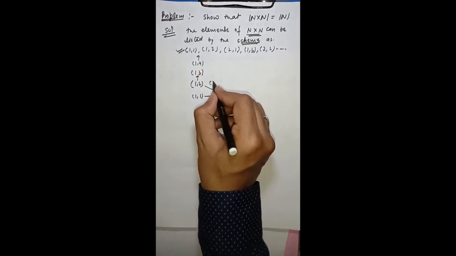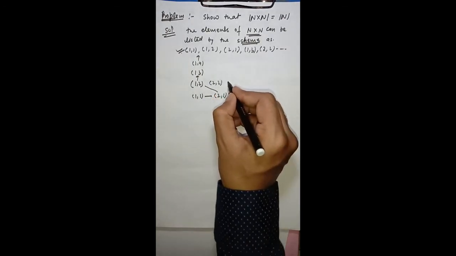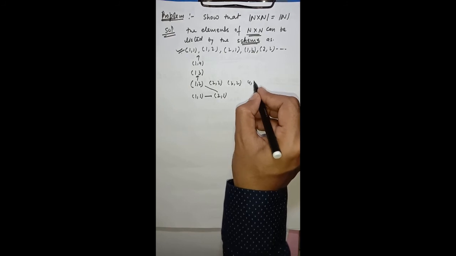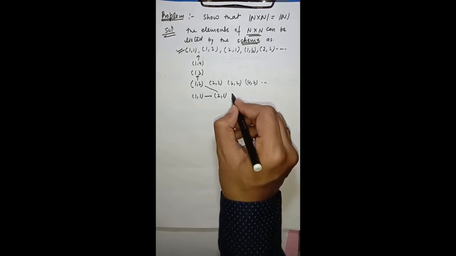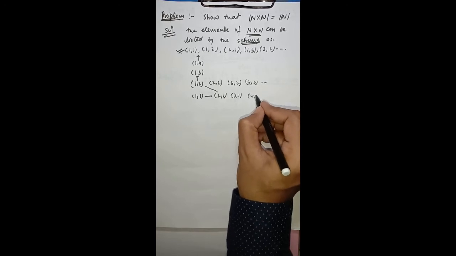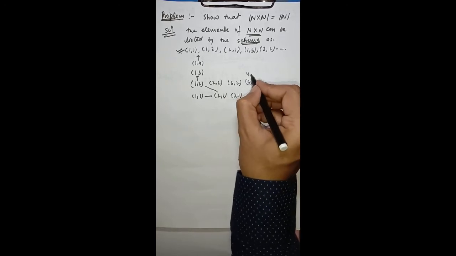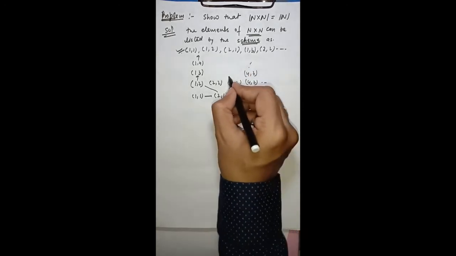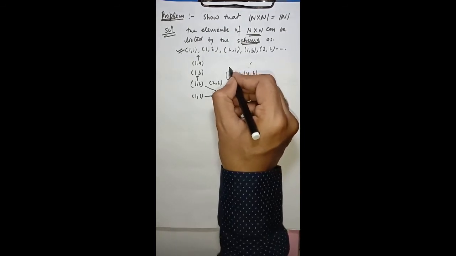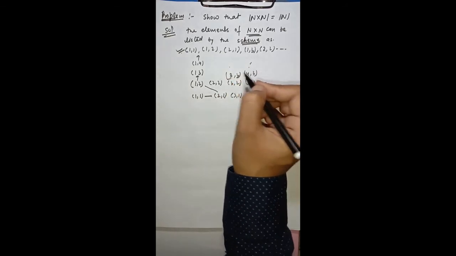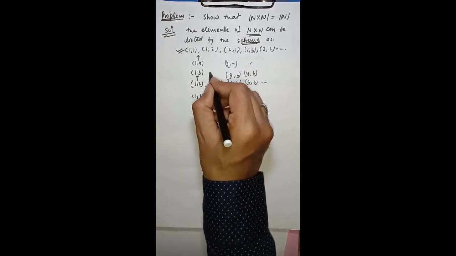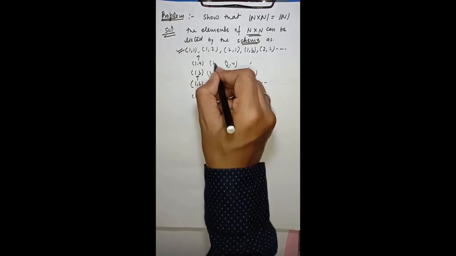And now here (2,2), (3,2), (4,2), and so on. Here we have (3,1), (4,1), (4,3), and so on, (3,3) and (3,4), (2,2), (2,3), (2,4).